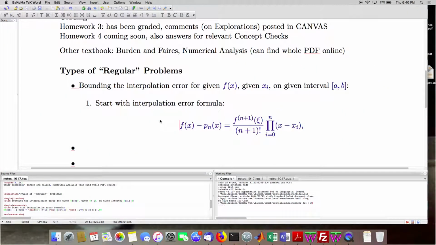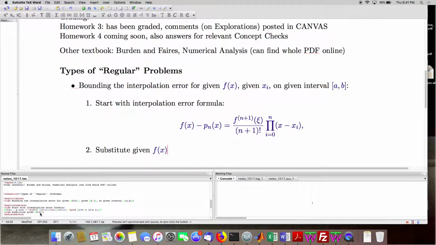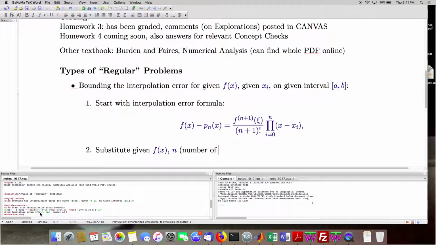Okay, let me get back to the notes. Something seems off here. So you substitute in everything that's given. n is always the number of points minus 1.